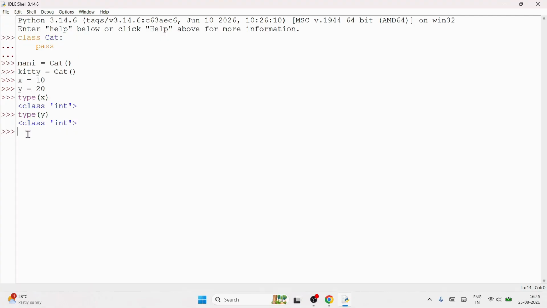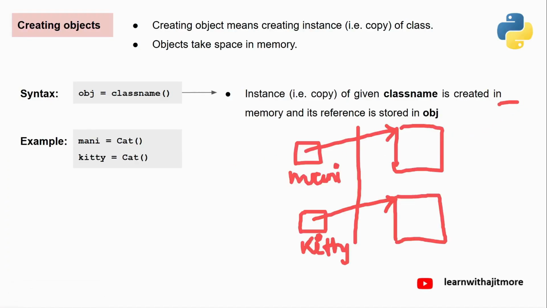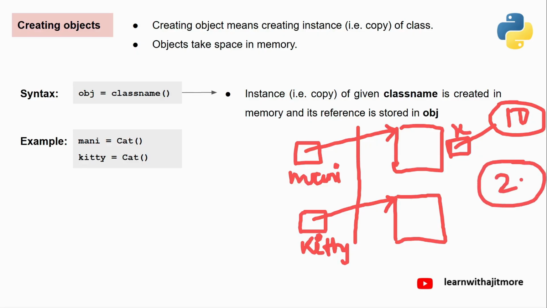These objects will occupy space. Getting it? Somewhere memory is allocated, 10 stored. The reference is collected in x. Again, memory allocated, 20. Actually, these 10, 20, they are kept in a pool, if you remember, from the very beginning lectures. And that pool ranges from -5 to 256.